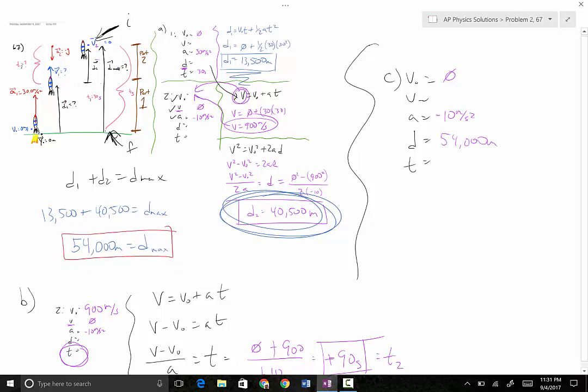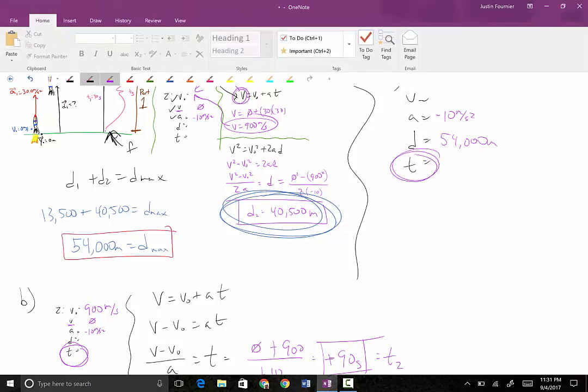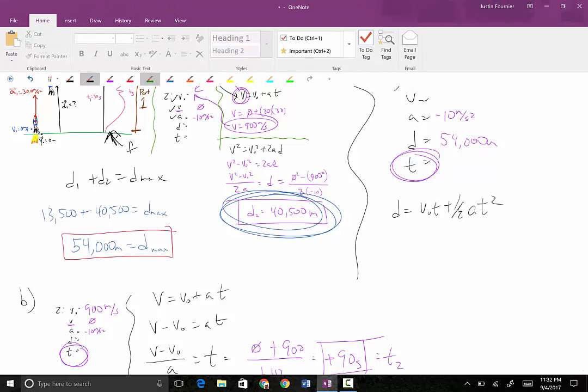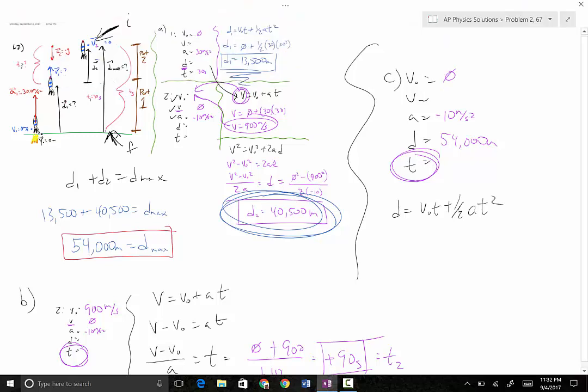And so I can find out the time it takes to do this. So let's see, what should I use? Let's use d equals v naught t plus 1/2 at squared. My displacement is going to be negative, right?